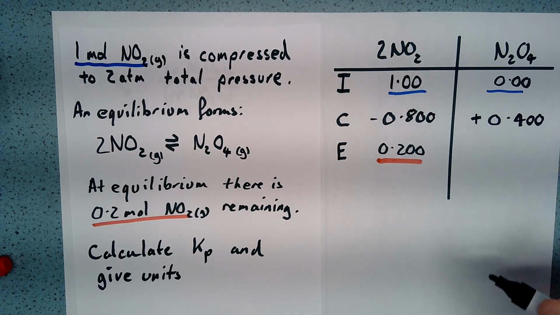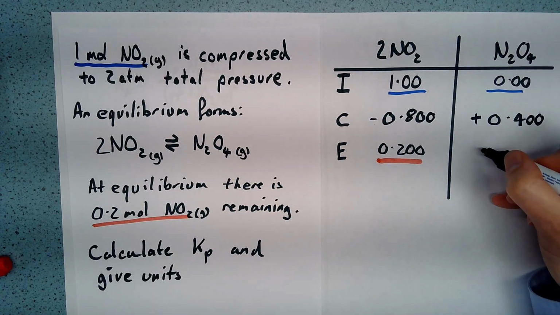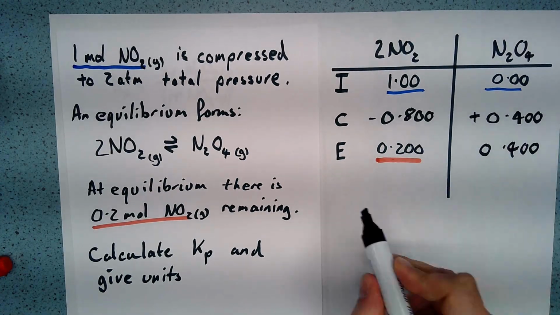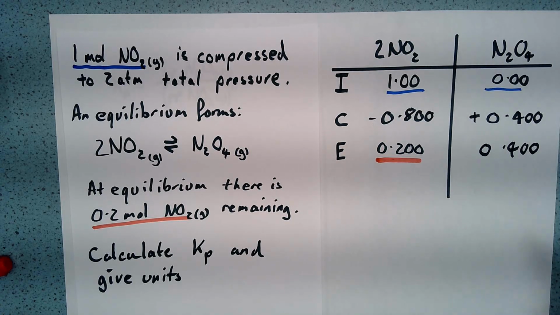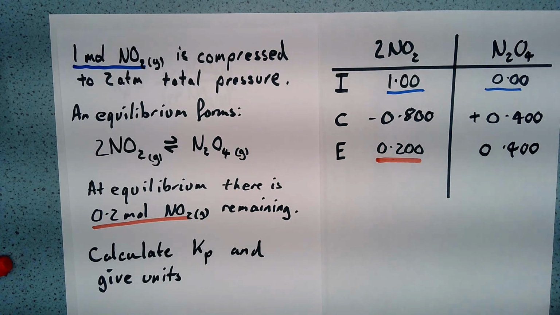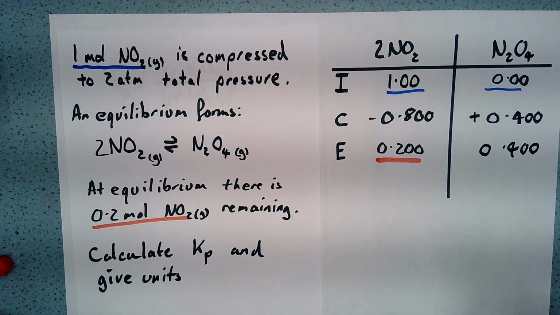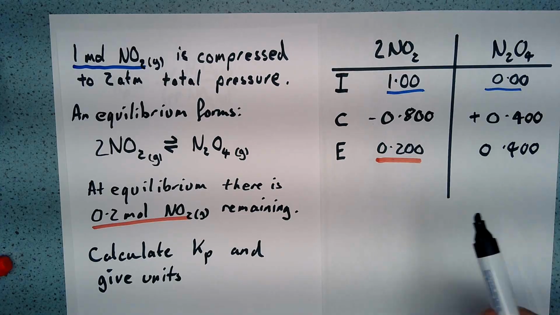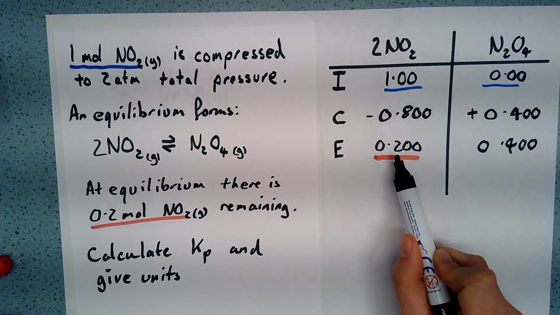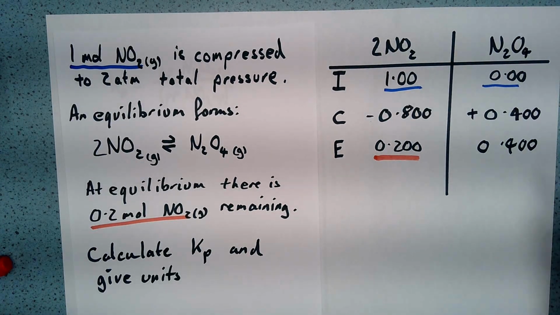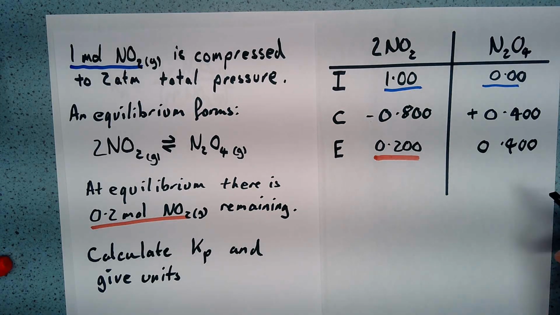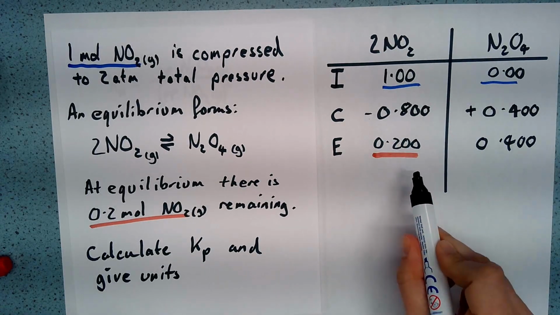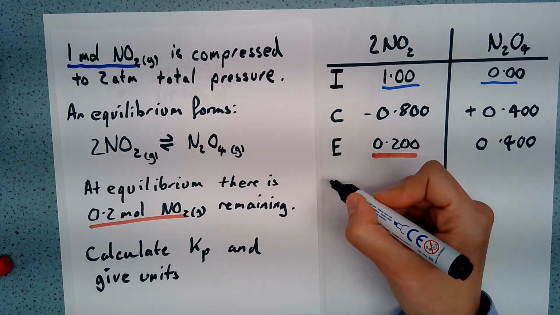Which means 0 to start with, 0.4 added to it gives us 0.4 as our number of moles at equilibrium from the N2O4. We now need to know the total number of moles, and if we add these two values together, that is 0.2 added to 0.4, that gives us 0.6 of a mole of particles in totality.